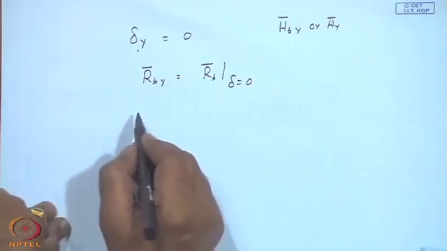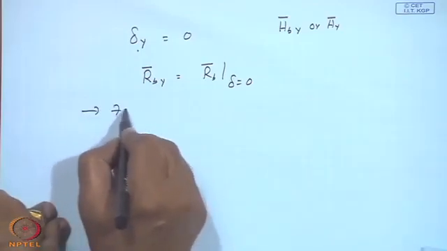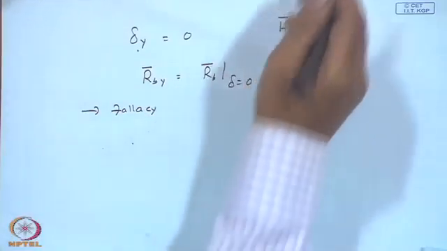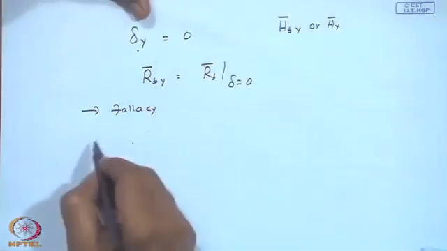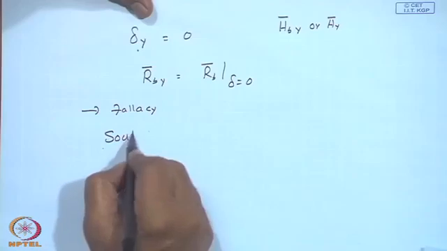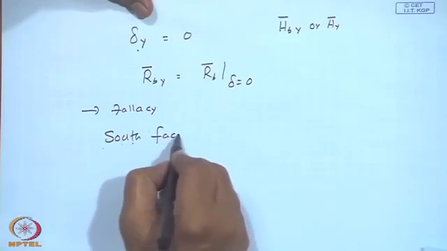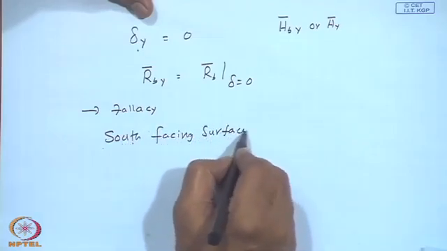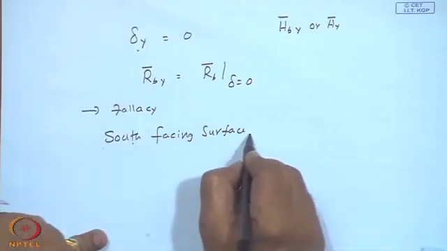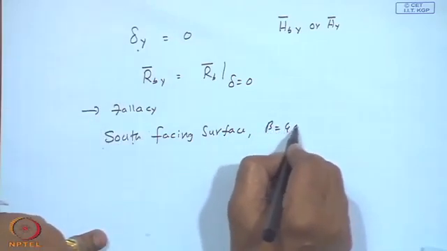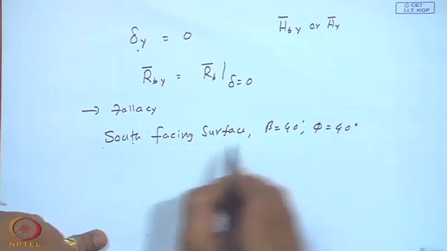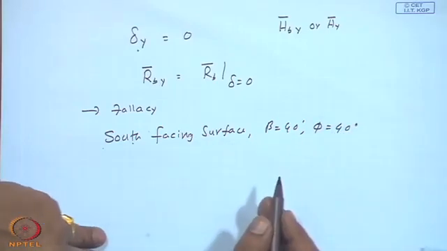Now, one will readily see the fallacy in this. What do you expect, suppose a simple south facing surface, and some beta 40 degrees, latitude 40 degrees, or you can have anything, does not matter.